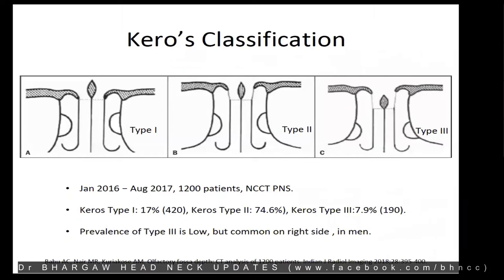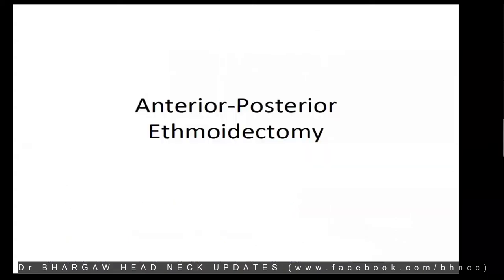Just a point to keep in mind at times, but in many anterior skull base lesions, the skull base is filled with tumor and eroding the skull base, so this may not be of much significance in that situation, but it's better to know it when that is not the case. Now, once we've done a turbinectomy, we need to do anterior and posterior ethmoidectomies.